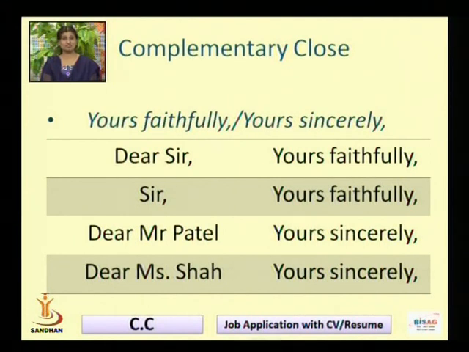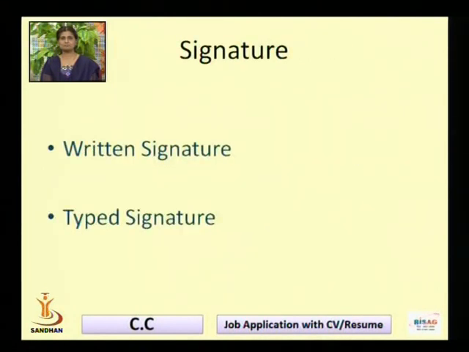Please remember, there is no apostrophe in the complementary clause, and the first letter of the second word of the complementary clause, that is faithfully and sincerely, is not capitalized. It is never capitalized, and it should always end with a comma. Just as the salutation ends with a comma, even the complementary clause ends with a comma.